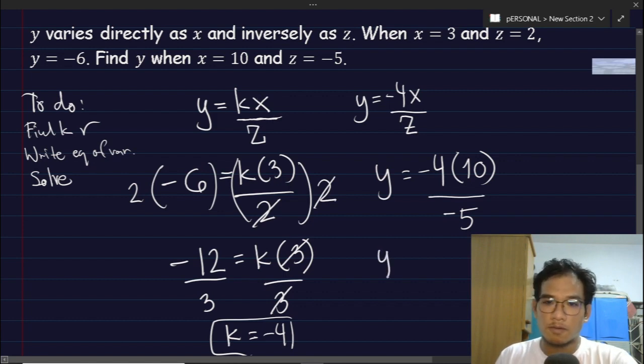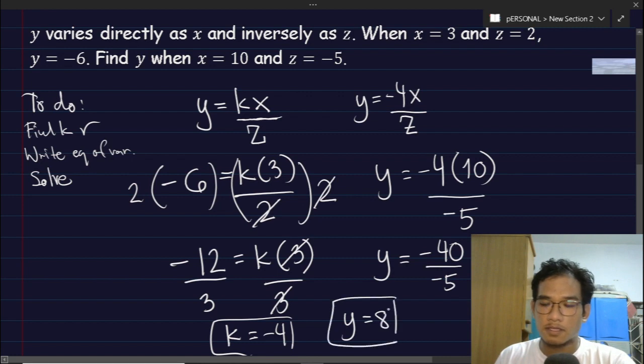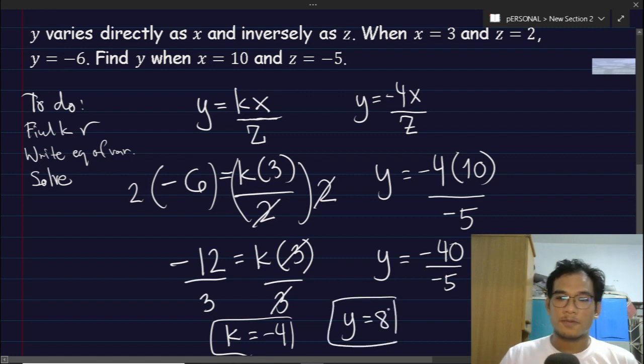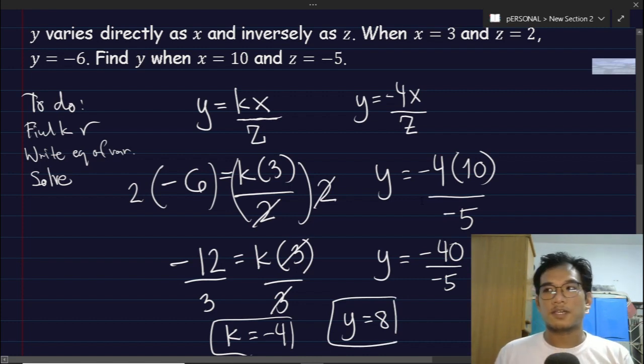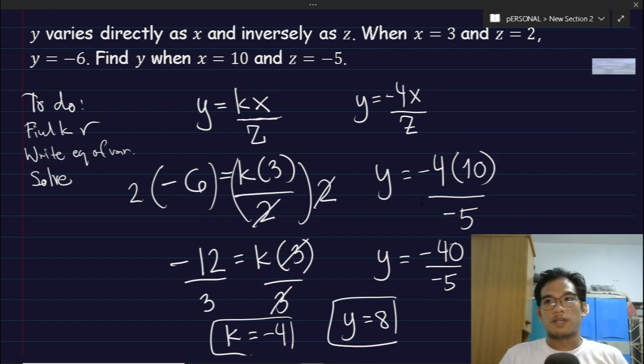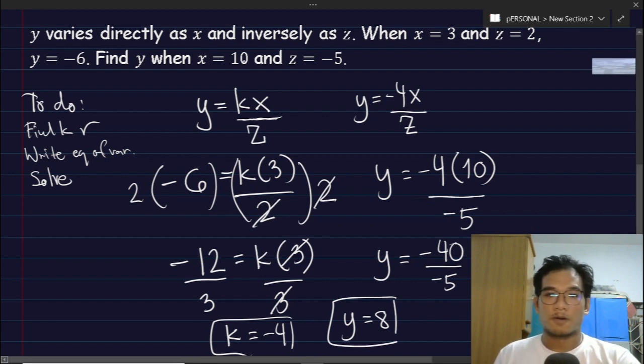In the numerator, negative 4 times 10 is negative 40, and negative 40 divided by -5 is 8. And this is the answer for our problem. By the way, since in this variation we use both direct and inverse variation, we can consider this as a combined variation.